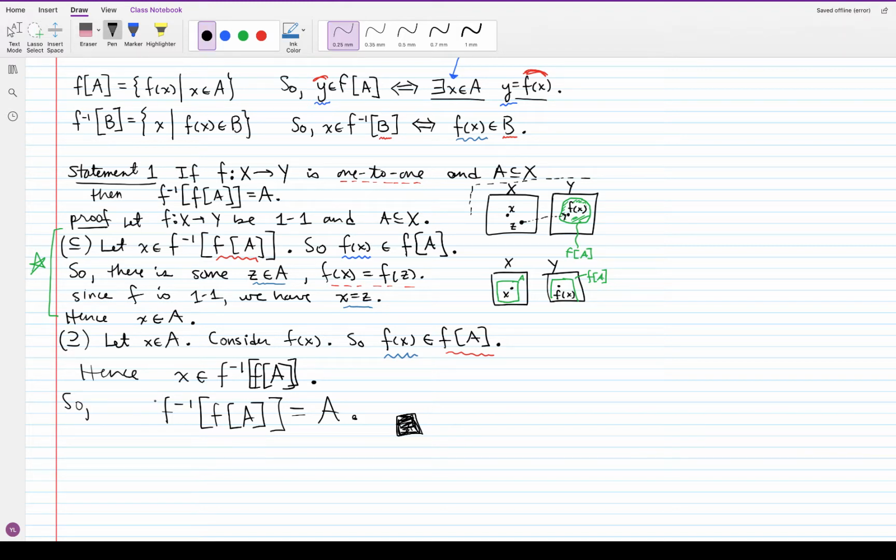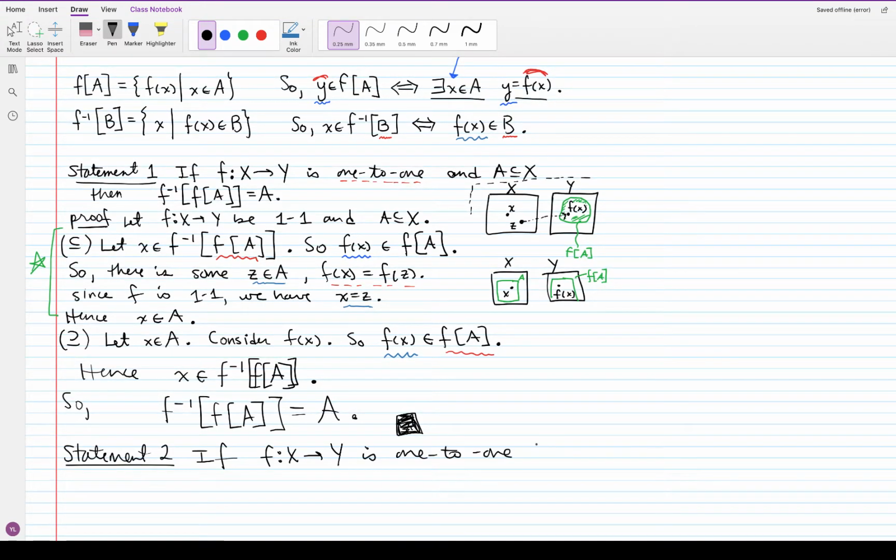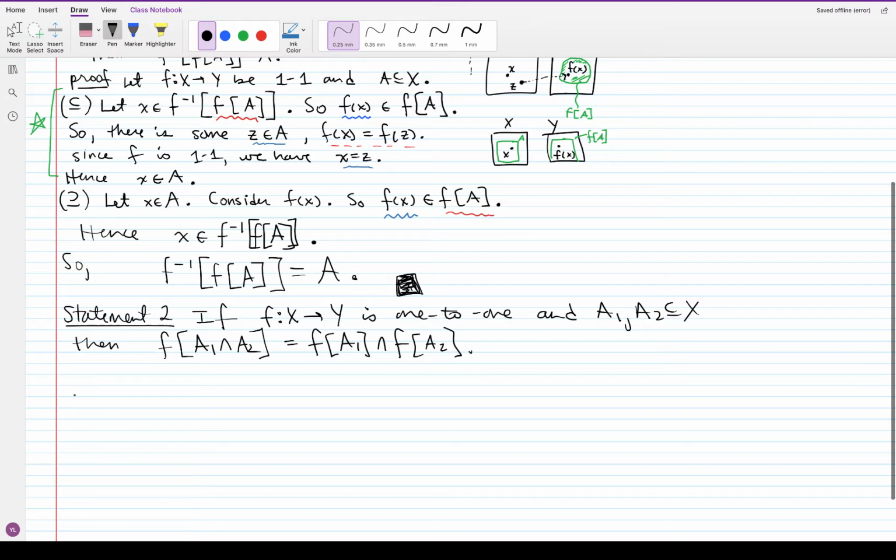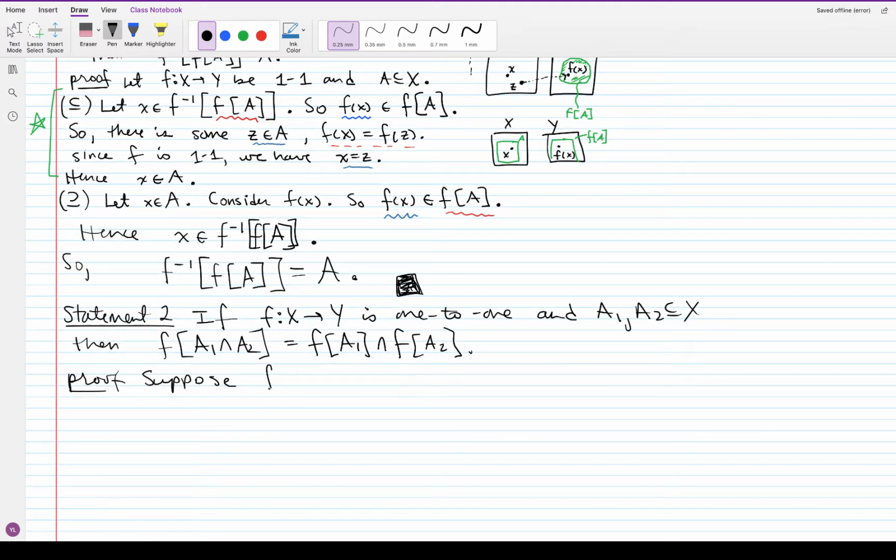Let me go ahead and do the same thing for statement number 2. Again, we have a conditional statement whose punchline is set equality, so the outline of the proof is the same as the previous exercise. Okay, so where do we start?